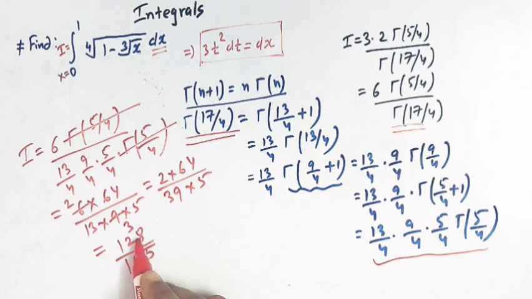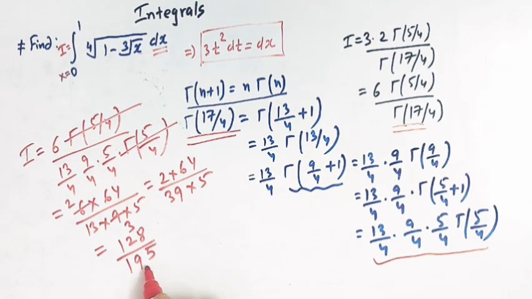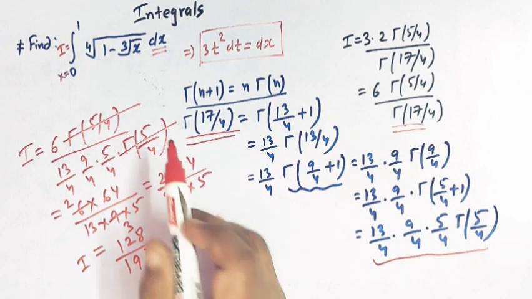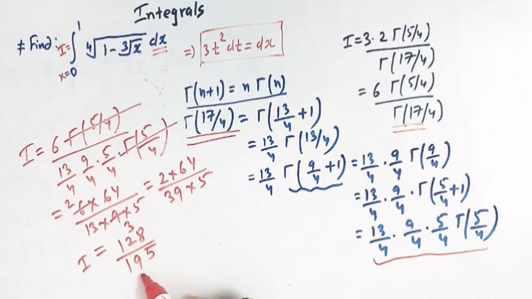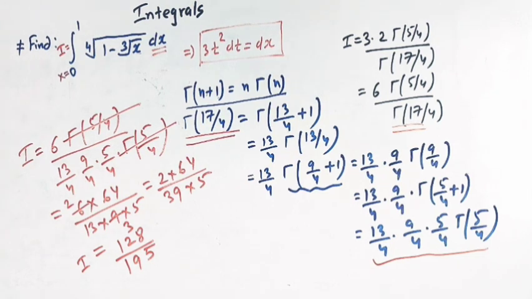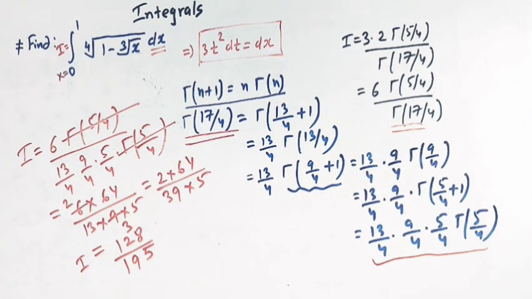So we have 128 over 195, right? So viewers, the value of this integral is equal to 128 divided by 195, right? So this is how, by making use of the concept of gamma function and beta integral, we can solve these kinds of integrals.